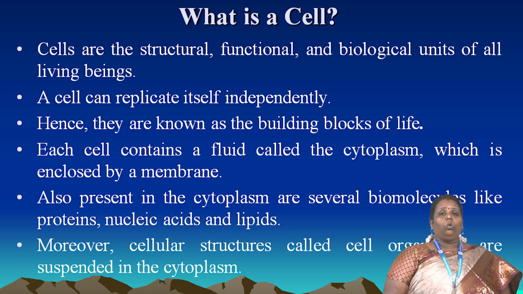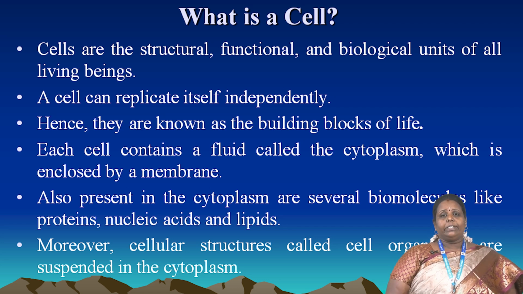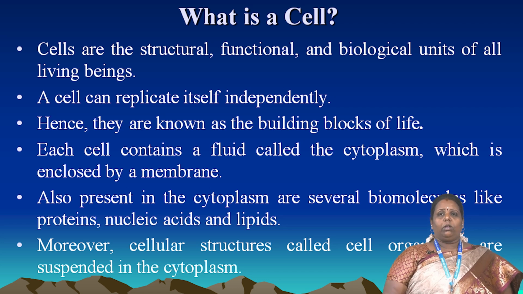Replicate means they self-reproduce. That is, 2 cells form 4 cells, then 8 cells, 16 cells and 32 cells, and also the formation of morula, blastula, and gastrula stages. That is how we learn developmental biology also. Cells replicate independently, hence they are known as the building blocks of life.